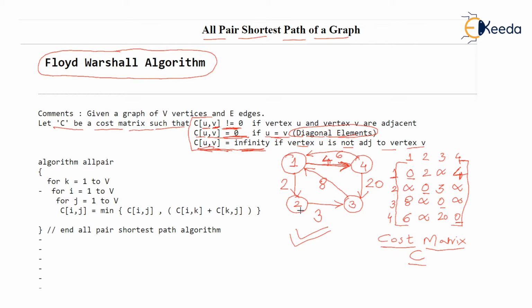In fact, 2 is having an edge towards 3, but 3 does not have an edge towards 2. Hence, row 3 and column 2 will be set to infinity. I repeat, if vertex U is not having a directed edge towards vertex V, then U row and V column will be set to infinity. This is how the cost matrix is made.